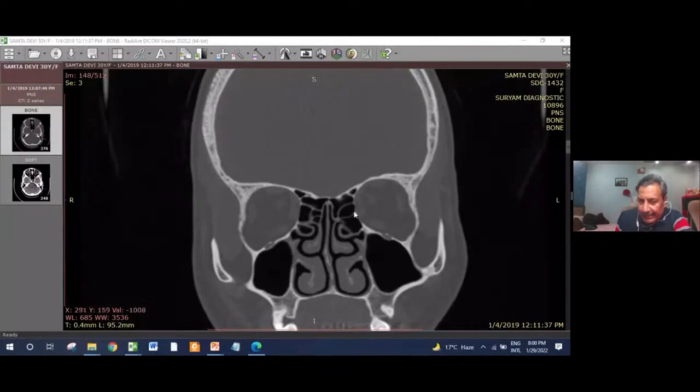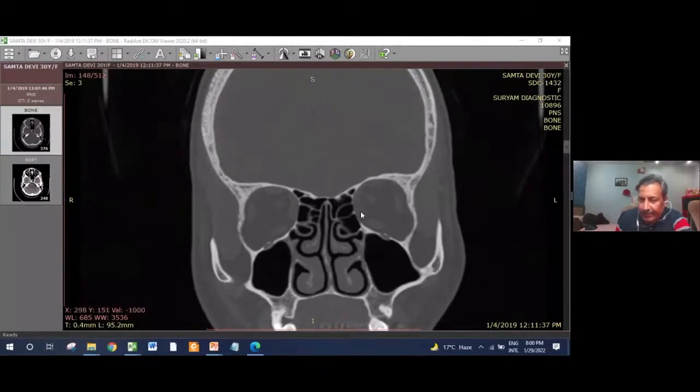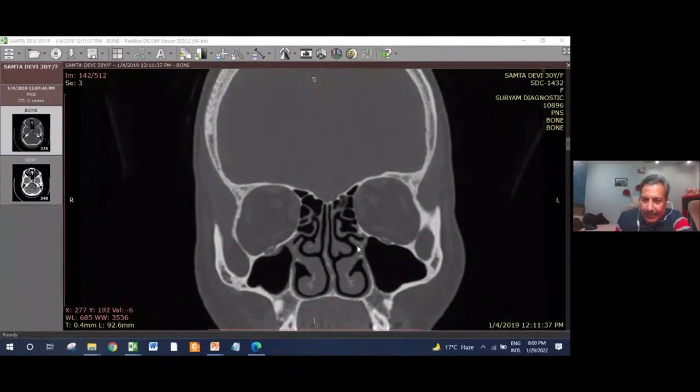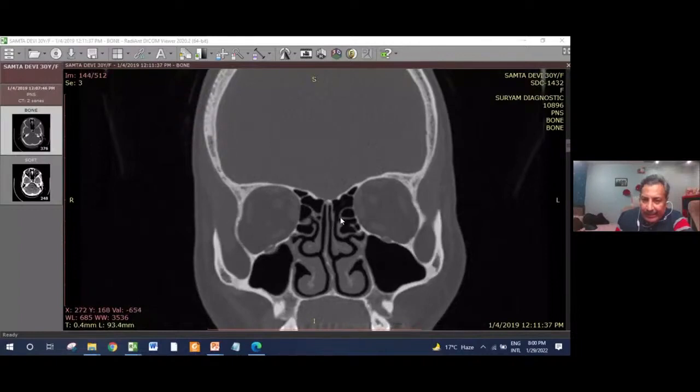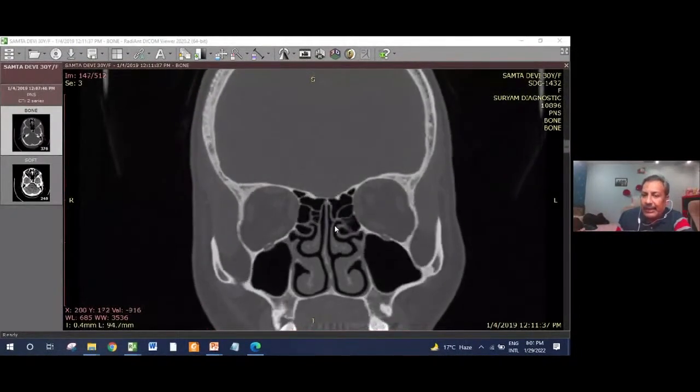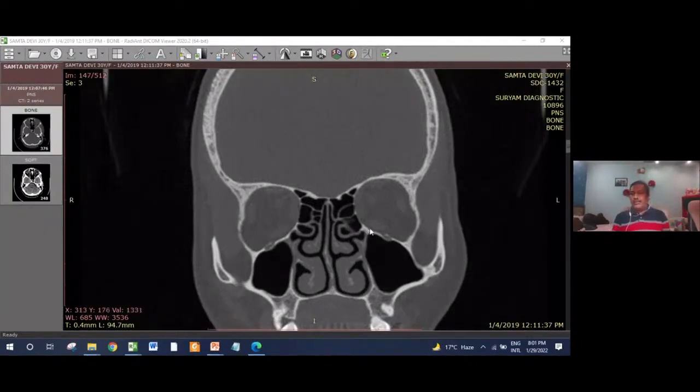The turbinate is taking a lateral turn to insert on the lamina papyracea. On both sides, the turbinate is taking a lateral turn to insert on the lamina papyracea, and that is the second part of the turbinate, known as the ground lamella, that literally divides the cells anterior to it, the anterior ethmoidal group of cells, from the cells behind it, the posterior ethmoidal cells.